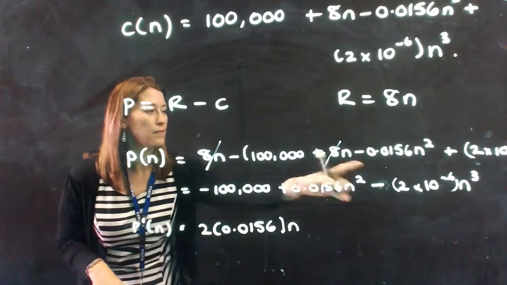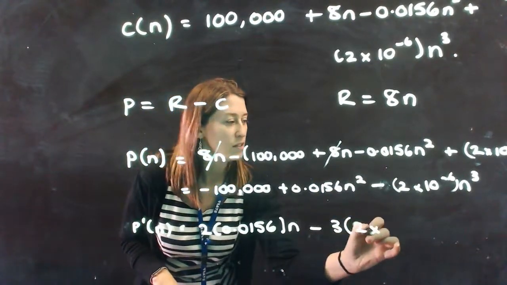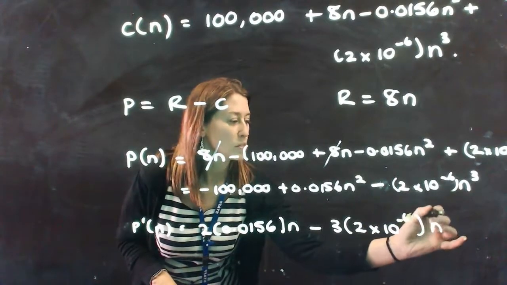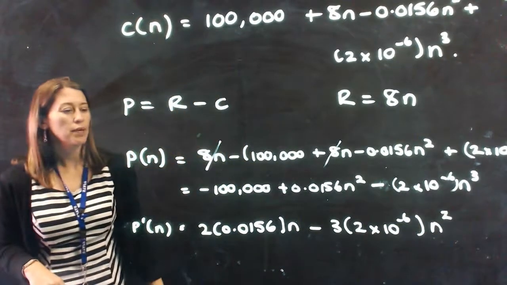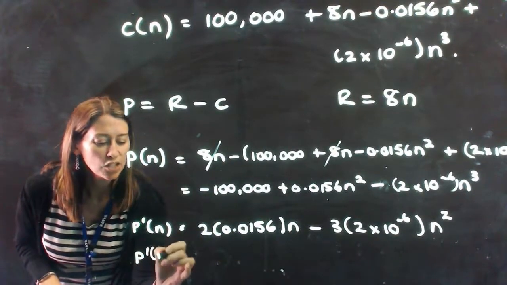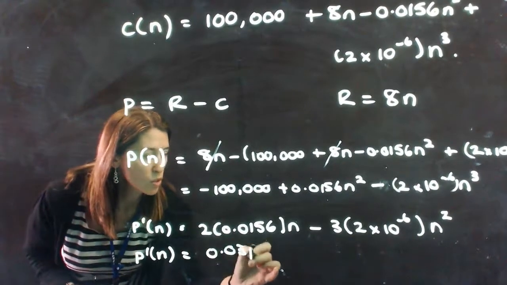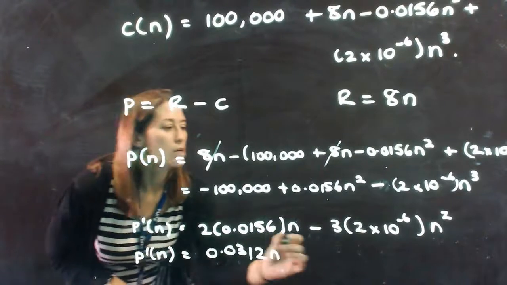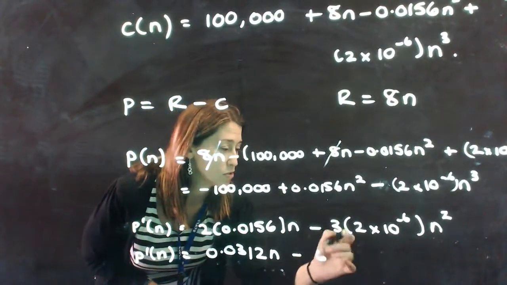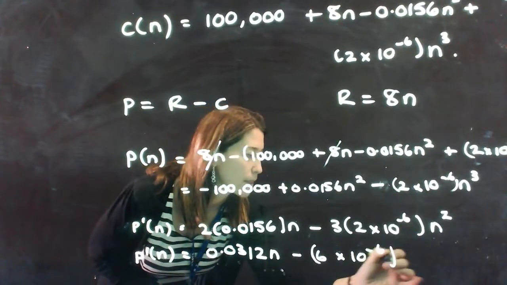And then that one, I'm going to bring the 3 down to the front of this number here. Leave it in standard form. And I've reduced the power by 1, so it's N squared. Working this out, well, 2 lots of 0.0156 is 0.0312N, and I'll leave that as minus 6, so I'm doing 3 times 2, 10 to the negative 6 N squared.